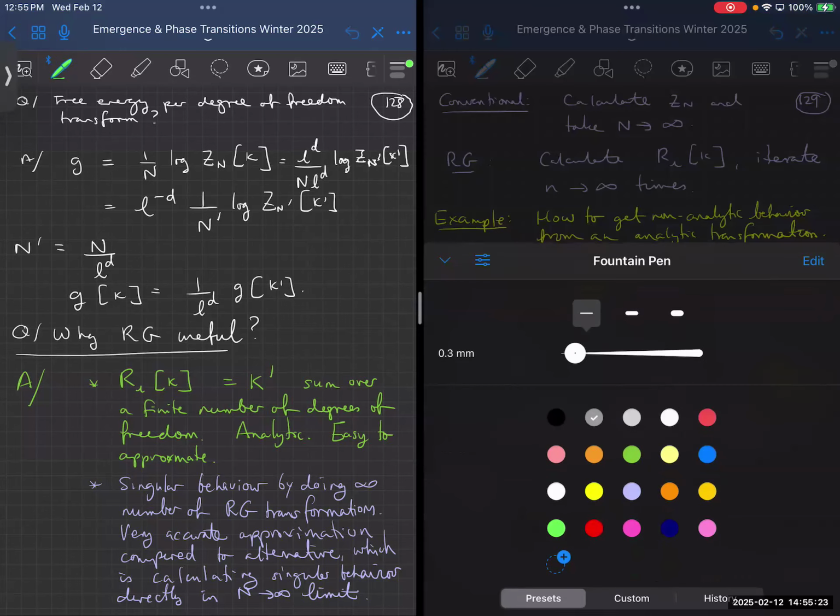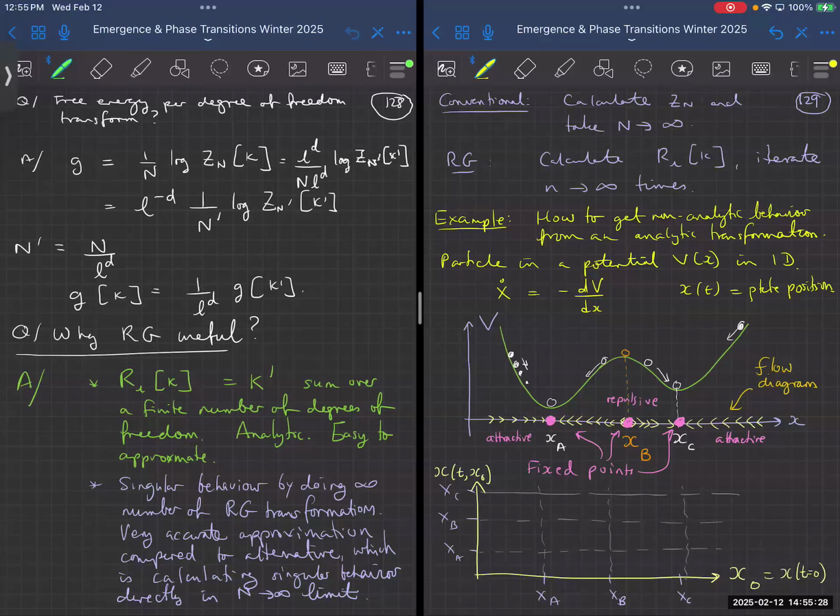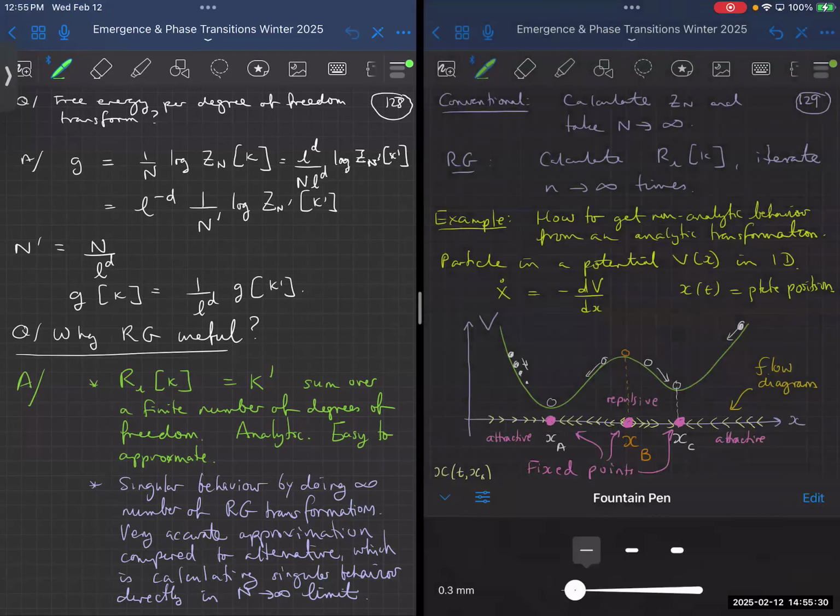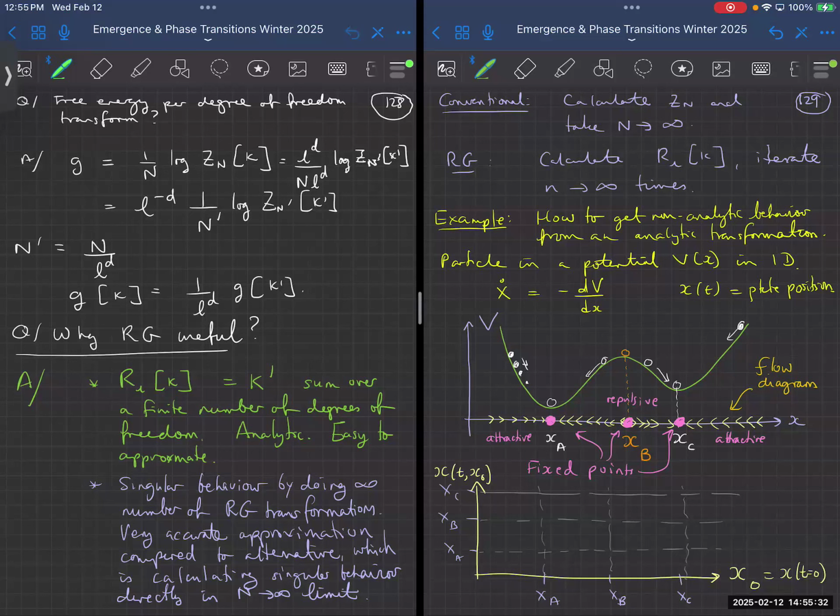So what I want to draw first of all is what is going to happen when t is a finite number. So it's going to start, say, at this point over here. Let's say somewhere between xa and xb. If it started exactly at xa, it would just stay there. If it started exactly at xb, it would stay there. If it started exactly at xc, it would stay there.